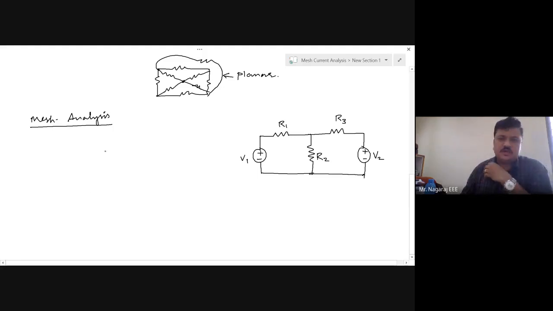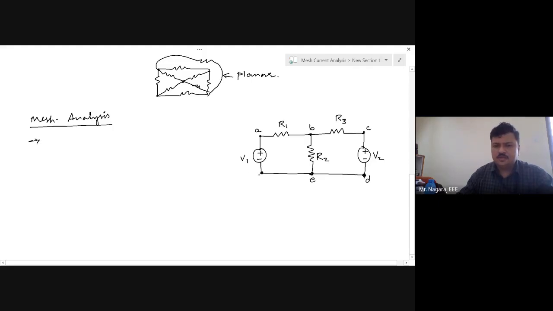Okay. So mesh current analysis is started with, first we should be seeing how many meshes are present in the circuit. Okay, we know now what mesh is. Mesh is that primitive loop in the circuit into which there is no other loop present. So first we should observe how many meshes are present in the circuit.